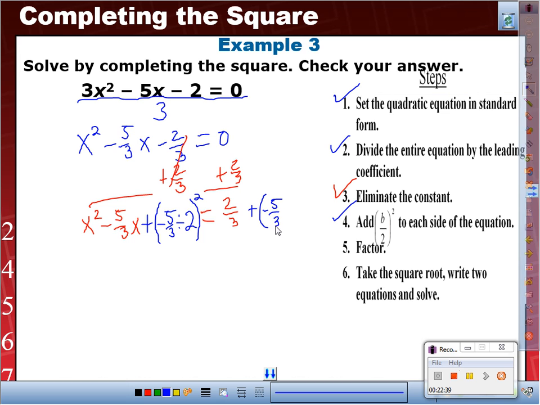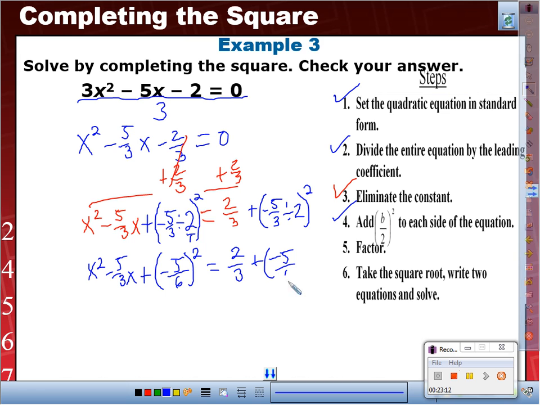Negative 5 over 3 divided by 2 squared. B over 2 is the same as negative 5 over 3 divided by 2. So therefore, we need to multiply times the reciprocal, so this is x squared minus 5 over 3x plus negative 5 over 6 squared equals 2/3 plus negative 5 over 6 squared.